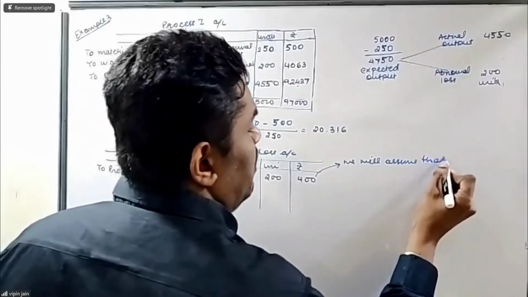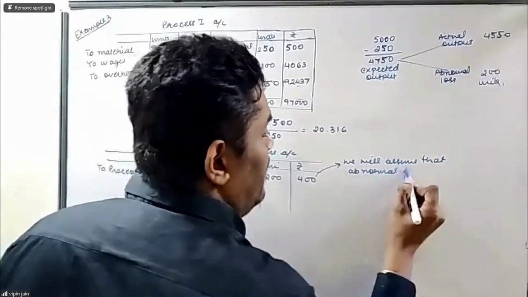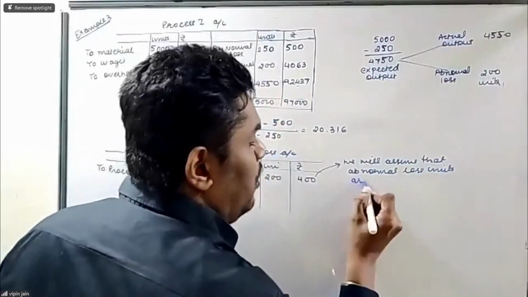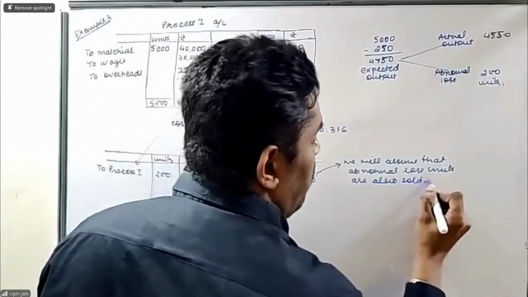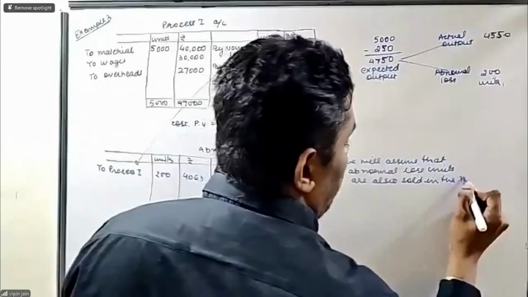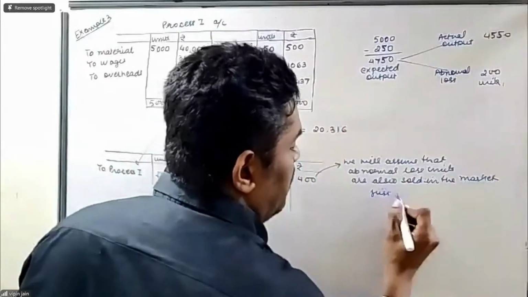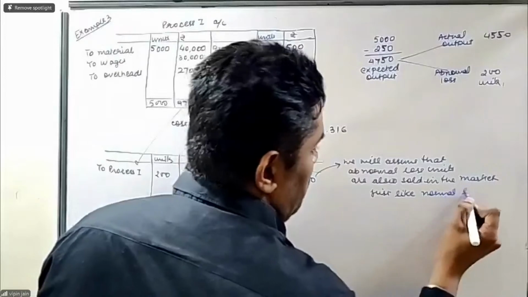that abnormal loss units are also sold in the market, just like normal loss.